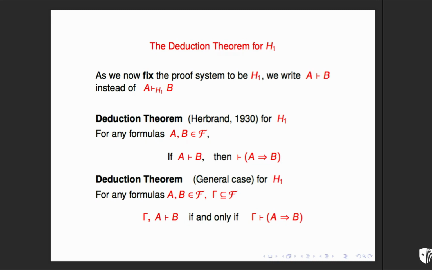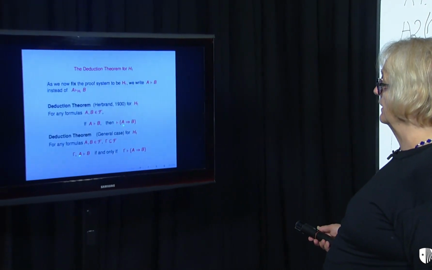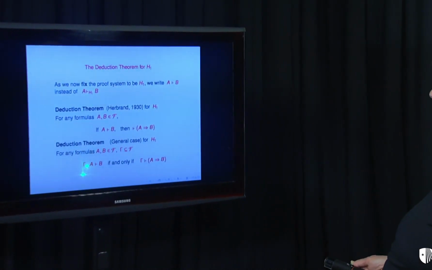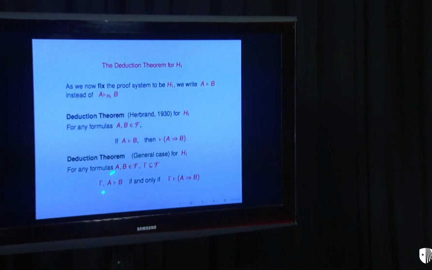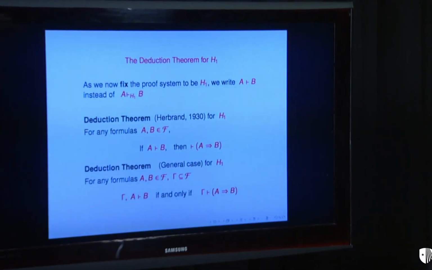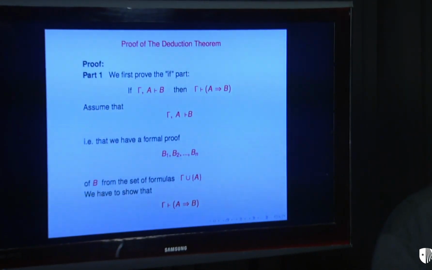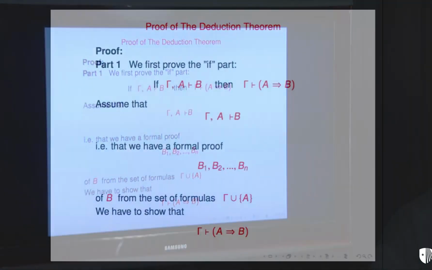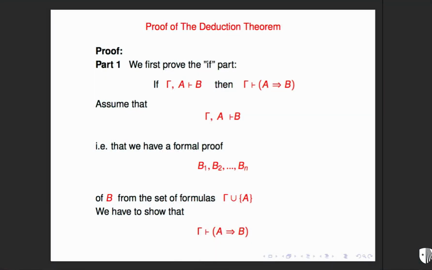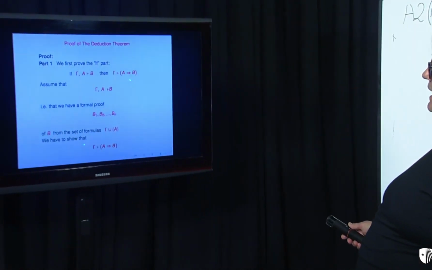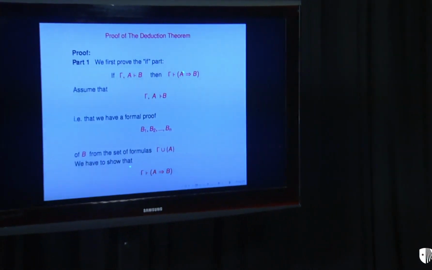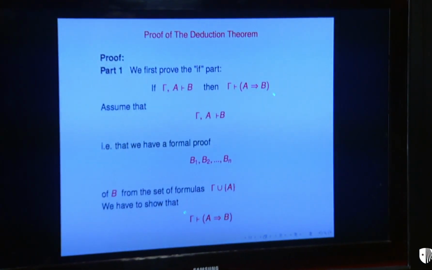This is an original Hilbert that you can only do one, and then you can add any other set of hypotheses. So the same works for any other set of hypotheses. And we want to prove first the if part. It means we want to prove if we have gamma A proves B, then from gamma I can have a proof A implies B.